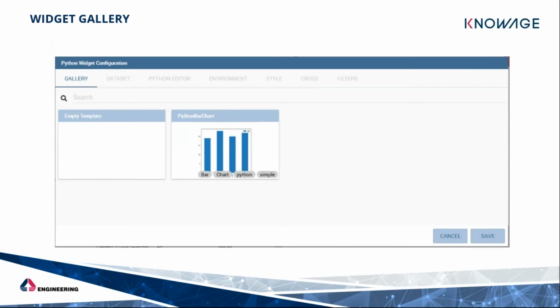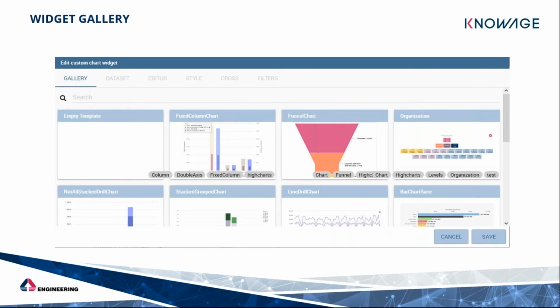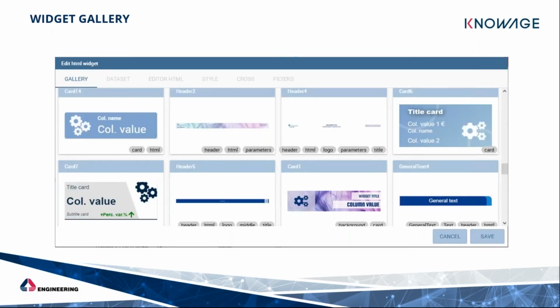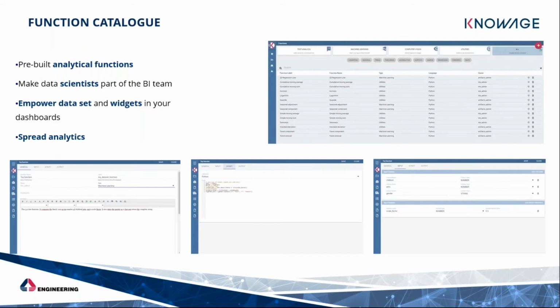That is one of the templates available in the gallery. And this is, for example, an example with the chart. And so with all three widgets, you can decide to add a pre-built element.